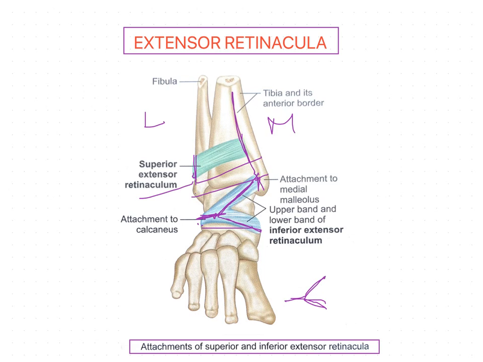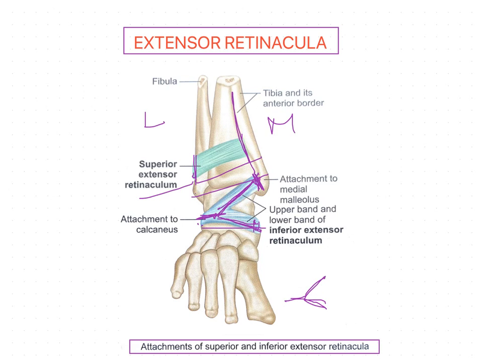Okay, so the upper band passes upwards and medially and is attached to the anterior border of the medial malleolus. The lower band passes downwards and medially and is attached to the plantar aponeurosis. The plantar aponeurosis is present on the plantar aspect of the foot.